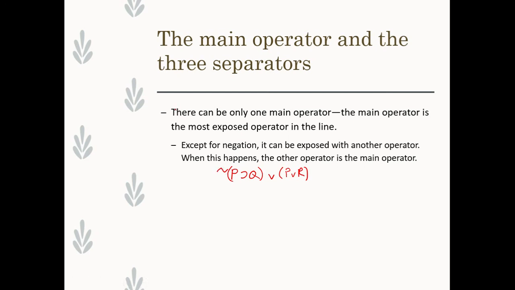This top sentence says there can be only one main operator. The main operator is the most exposed operator in the line. Well, here you have the wedge is most exposed and the negation is most exposed. That's okay because a negation is doing its own thing. It can be exposed with another operator, but when this happens, the other operator is the main operator. And so in this case, that wedge is the main operator.